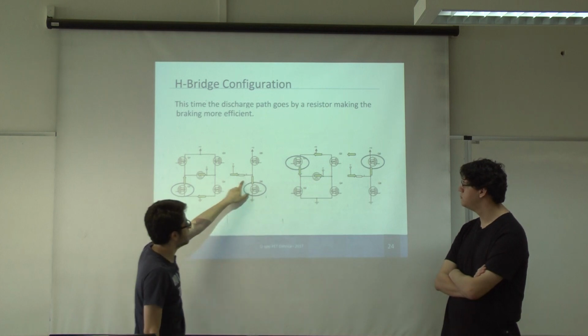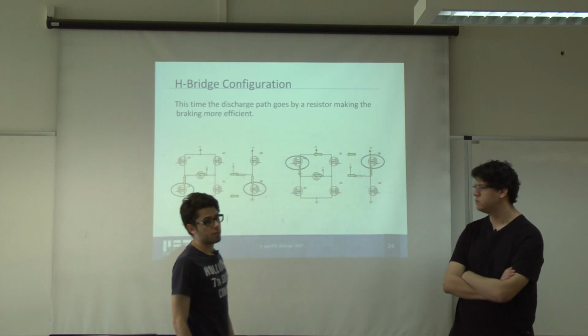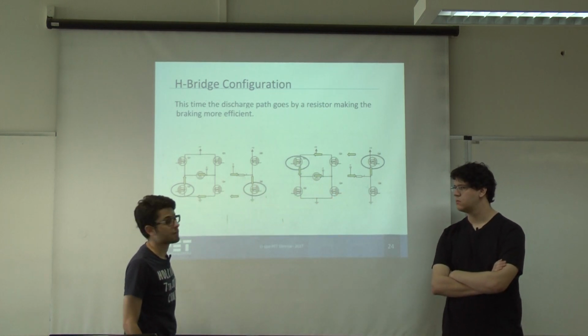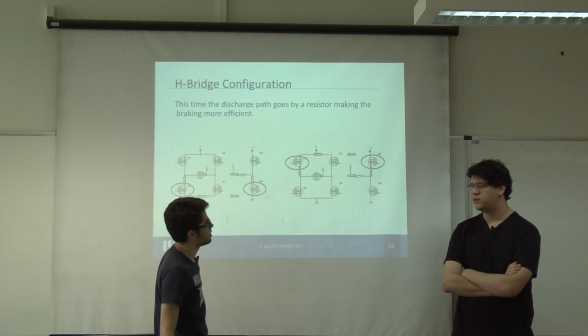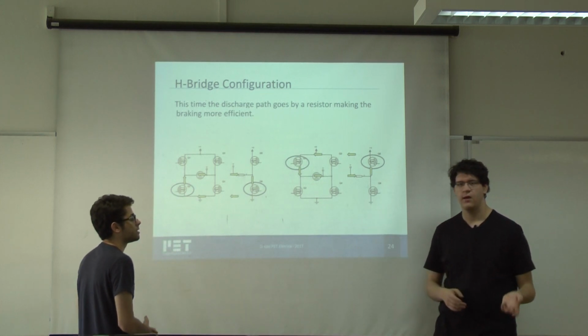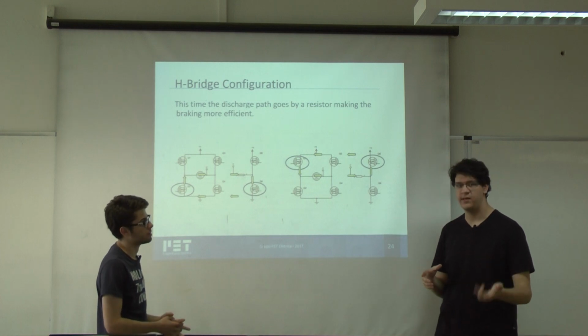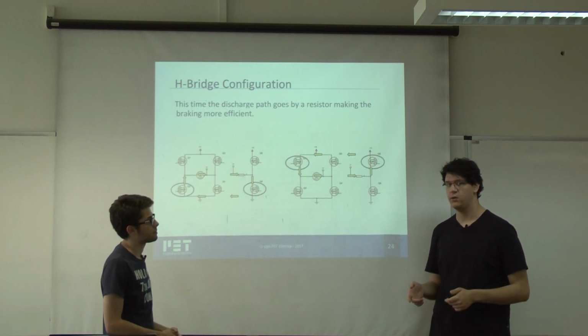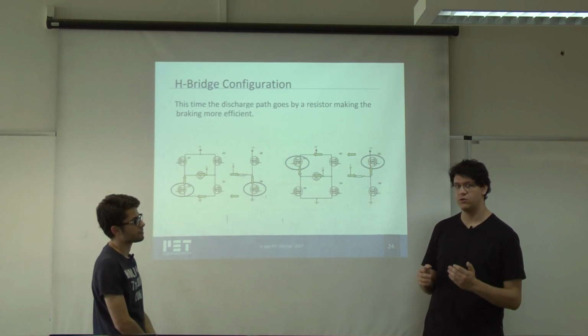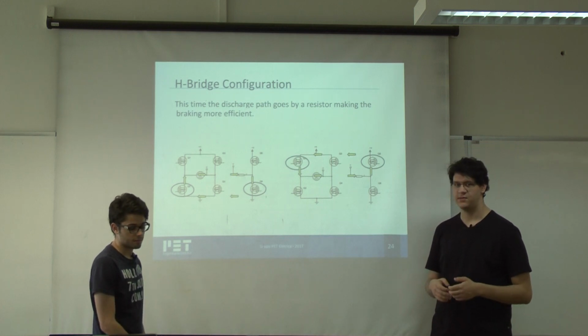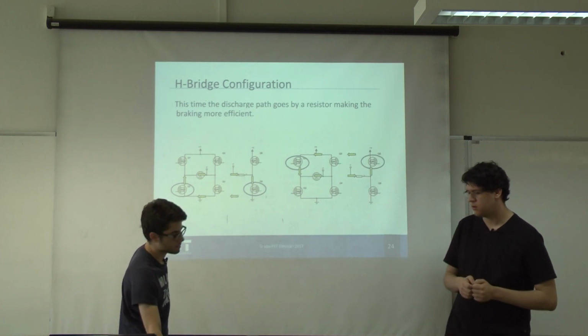And you can change the resistance to also change the time of the braking. And this resistance has to be a power resistor, so that it dissipates the charge in the motor properly. So it will dissipate through heat. This will be taken into consideration afterwards.